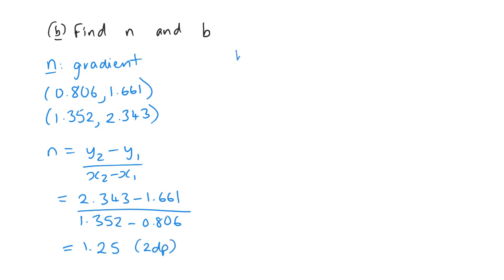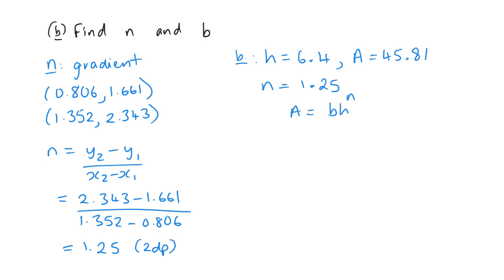And then to get b, you can go back to your original table, and whenever h was 6.4, a was 45.81, and we have found that n is 1.25. So put that into our formula, a equals b h to the power of n.